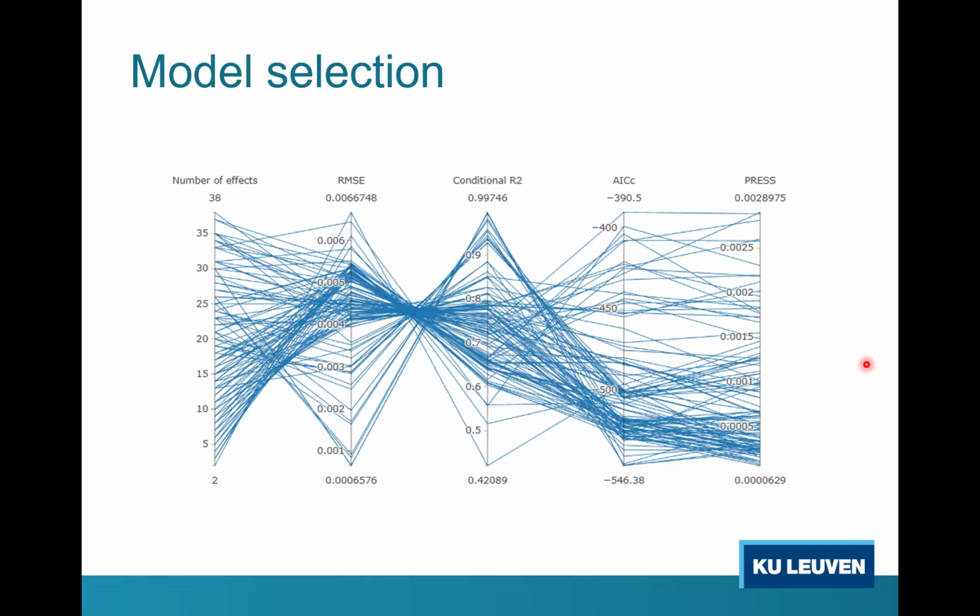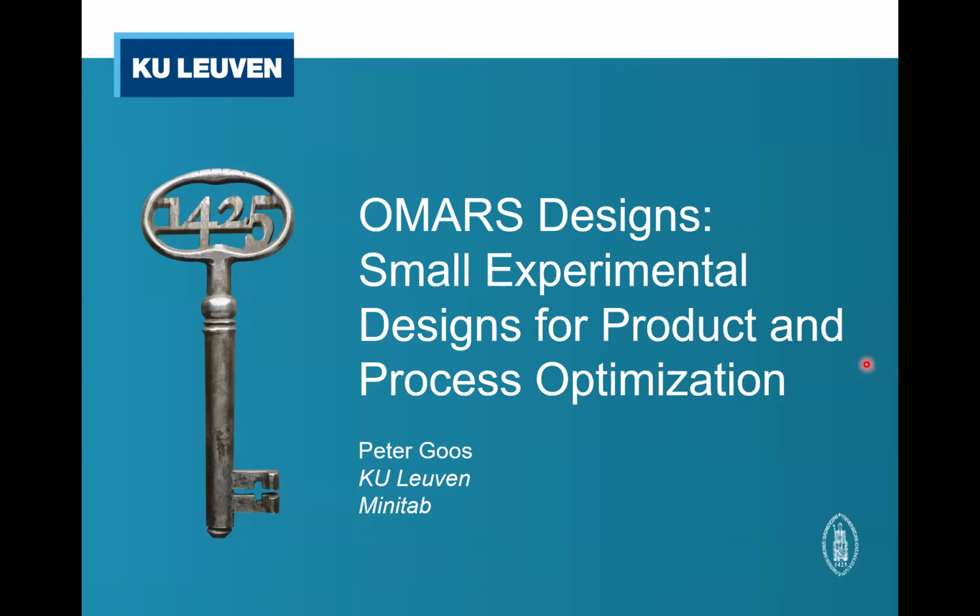And these 3 best, 5 best models you can then use to figure out what X values, what input combinations you need to select to get the desired output for your system.